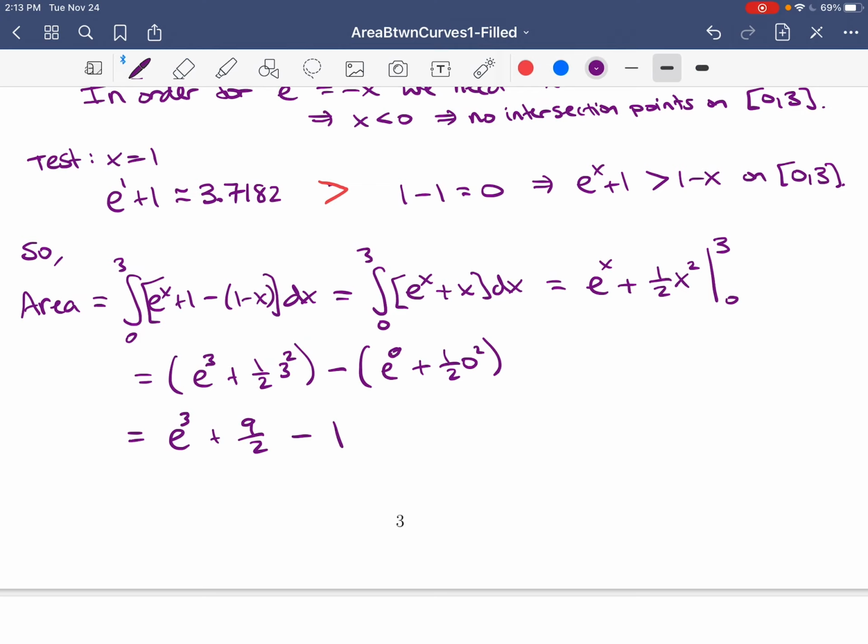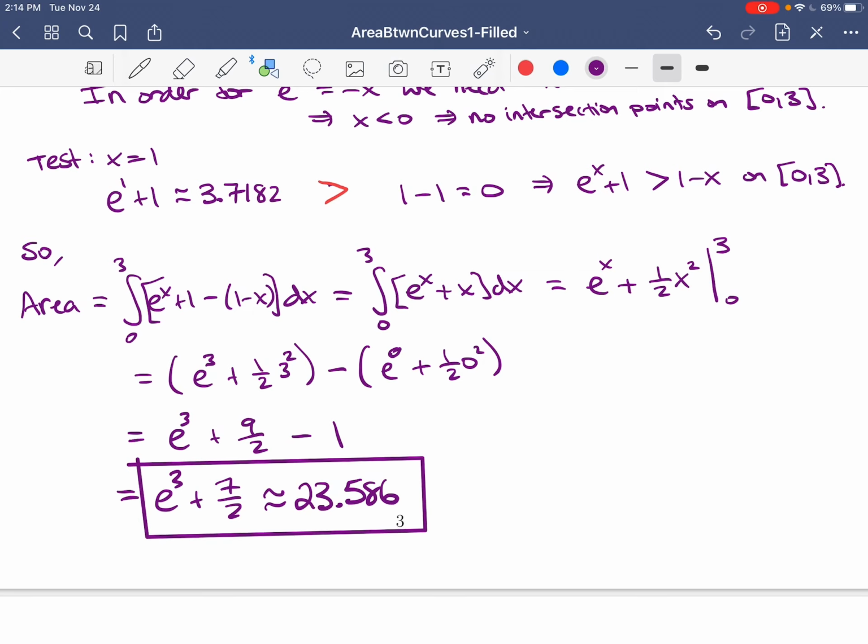The 0 squared is definitely 0, but this is a 1. So my area is e cubed plus 7 over 2, which is approximately 23.586. So that's our area.